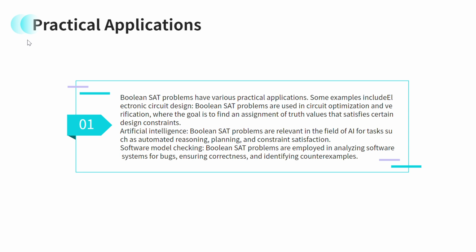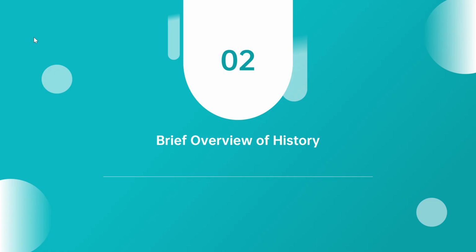Artificial intelligence: it is also used in the field of AI for tasks such as automated reasoning, planning, and constraint satisfaction. It is also used in software model checking. Boolean SAT problems are employed in analyzing systems for bugs, ensuring correctness, and identifying counterexamples.